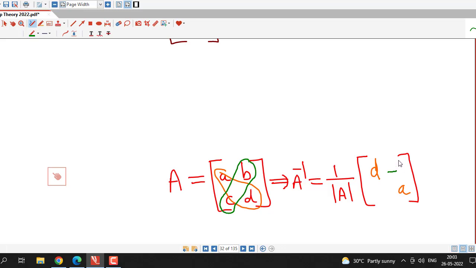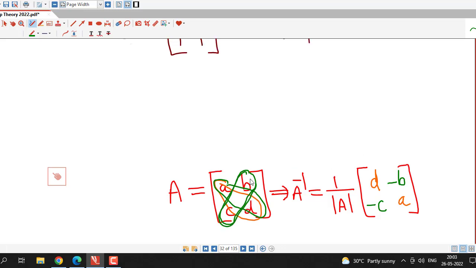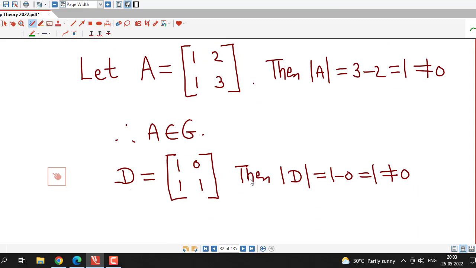So instead of b I write minus b, instead of c I write minus c. Here we interchange and here we change the sign. Using this formula we can directly write down the inverse of A.